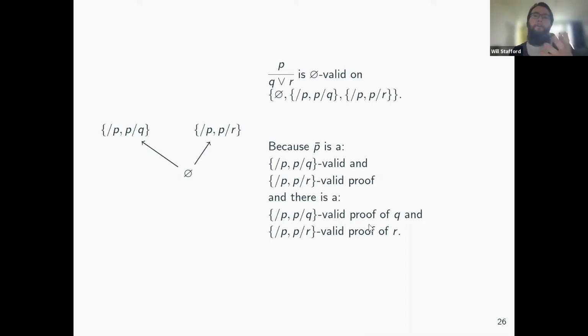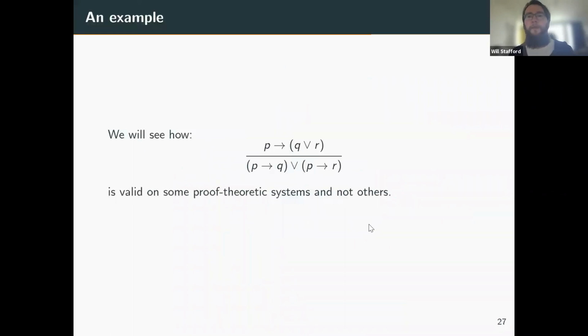So that's going to mean that obviously this is a super classical inference that's valid in this setting, so this isn't a good and general proof-theoretic system. But using this distinction between whether this one-step inference is valid or not, we can see how a Harrop's-like rule ends up being valid on what seemed like the more general system.